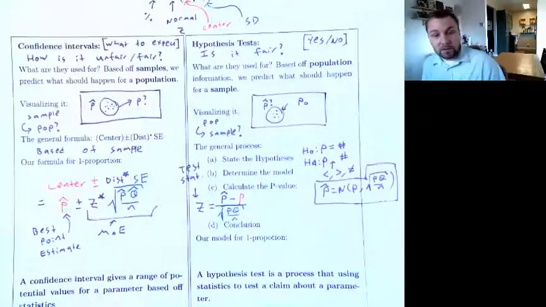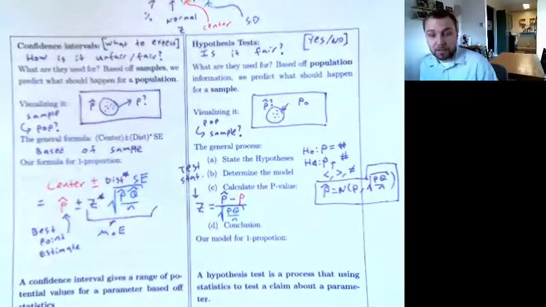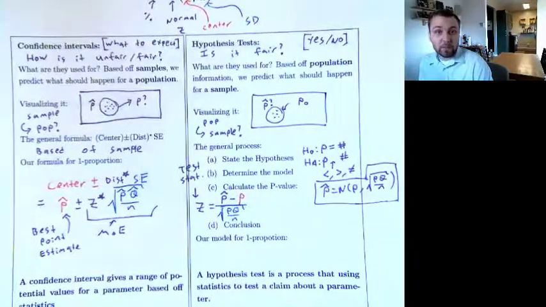Now, I just want you to look at these two things side by side so you can see that I really have the same symbols in both of these things that have been remixed to either an interval if I want to guess a range of values, or a z-score when I'm trying to find a single p-value to answer a yes or no question. I'm only going to have one answer here, or I'm going to have a range of answers here.